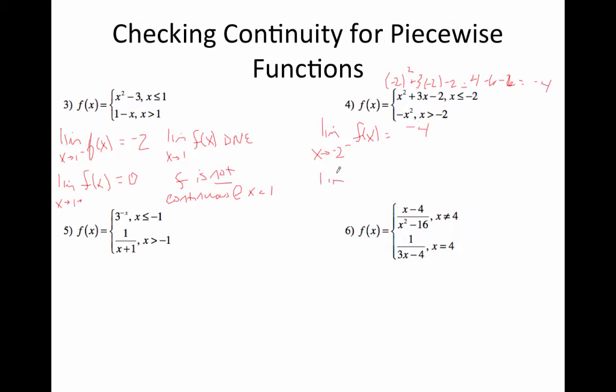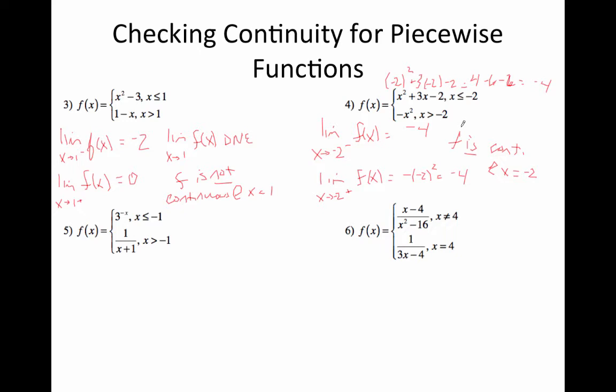If we do the same thing as we approach negative 2 from the other side, and use the negative x squared rule, we get negative quantity negative 2 squared. It's also negative 4. So this one is good. f is continuous at x equals negative 2. So this will be a nice continuous function. When the rule changes, the two pieces will match up.